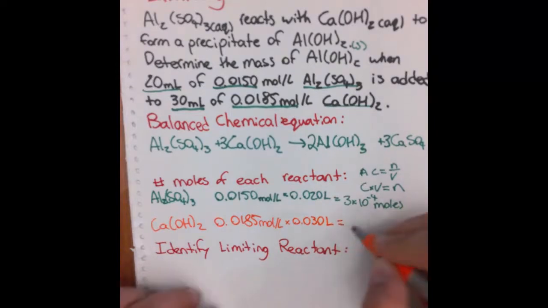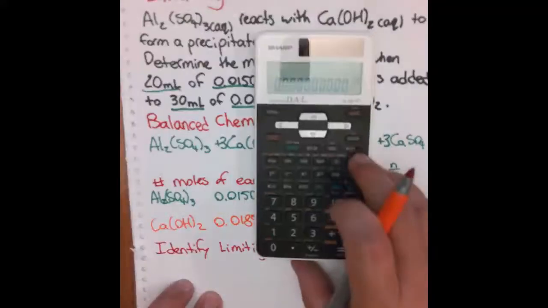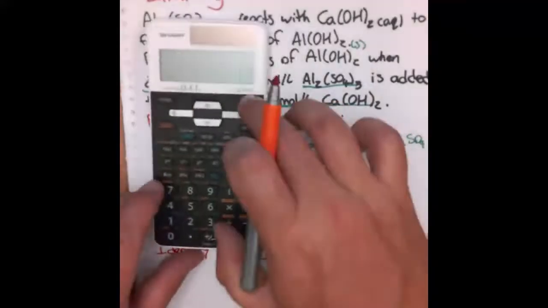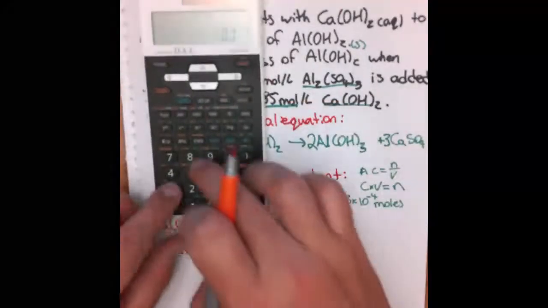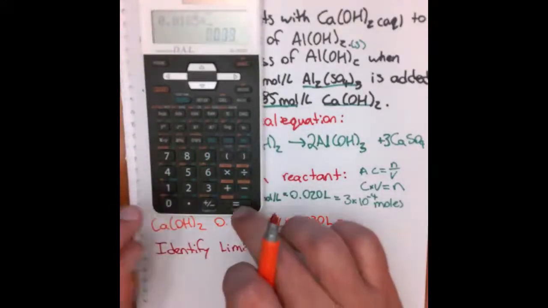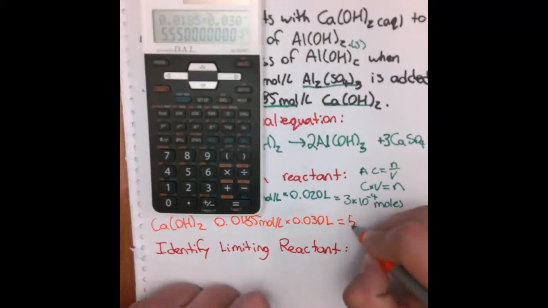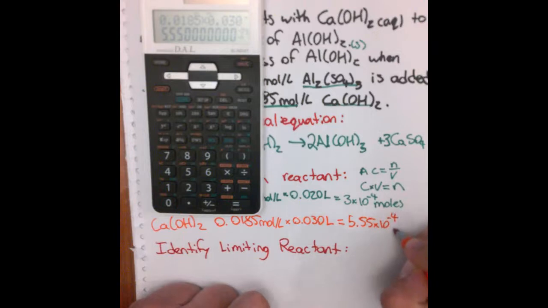And that is going to end up giving us 0.0185 times 0.030, which gives us 5.55 times 10 to the negative 4 moles.